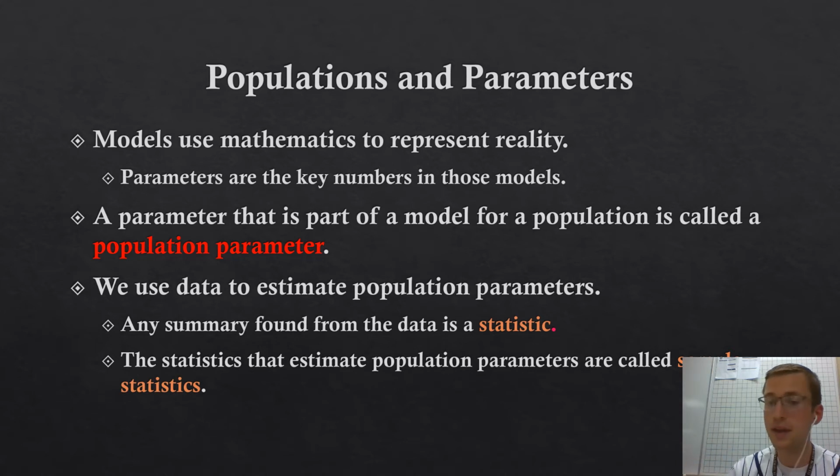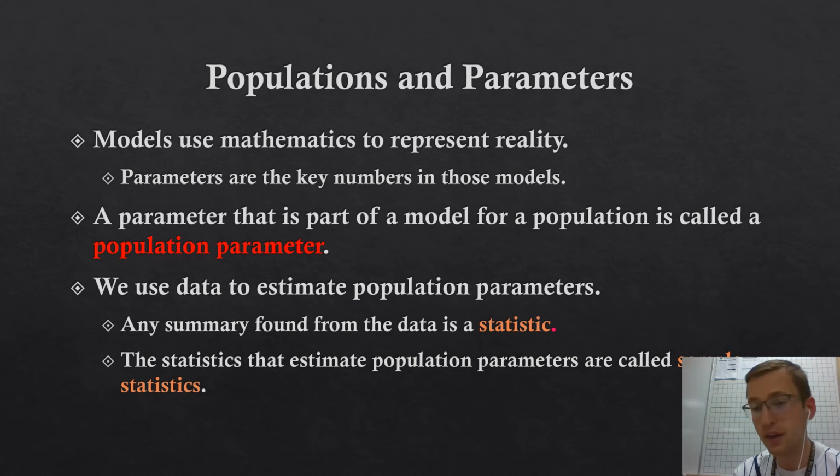Or if we found the range of ages in the United States, again, we know exactly for the population what that number is, so that would be considered a parameter. So population goes with parameter, okay? Some piece of information you get from your population, we'll call that a parameter.